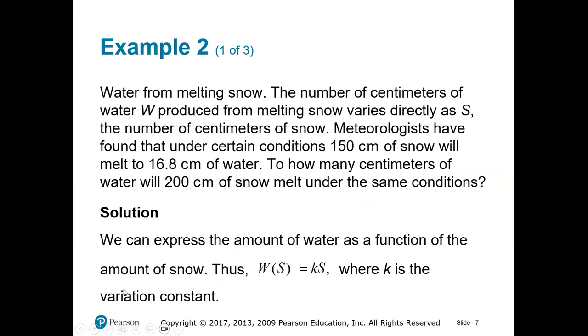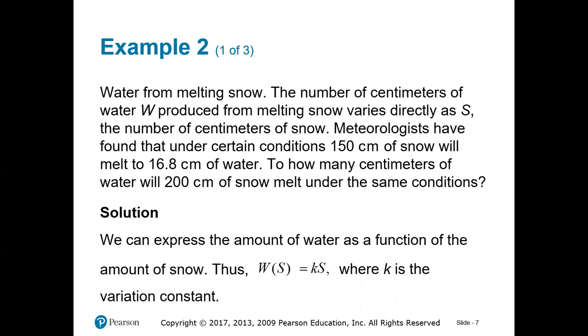So let's do our next one. Water from melting snow. The number of centimeters of water W produced from melting snow varies directly as S, the number of centimeters of snow. The meteorologists have found that under certain conditions, 150 centimeters of snow will melt to 16.8 centimeters of water.